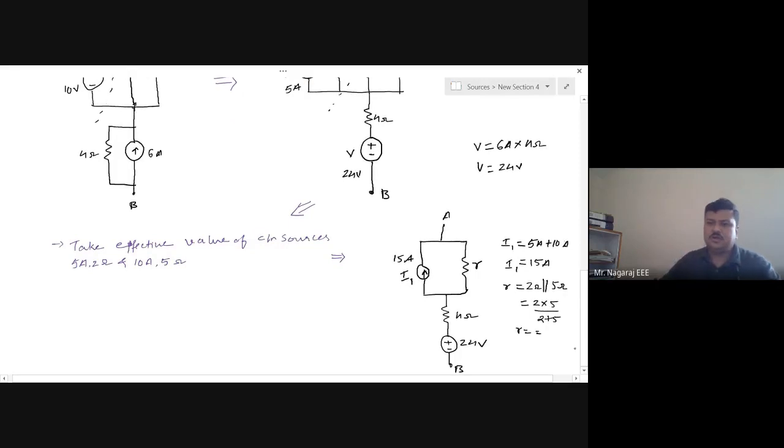It is 10 by 7. It will be 1 point some around 42 ohms or something like that. 1.428. Okay, so it is 1.42 ohms. So R is 1.42 ohms.